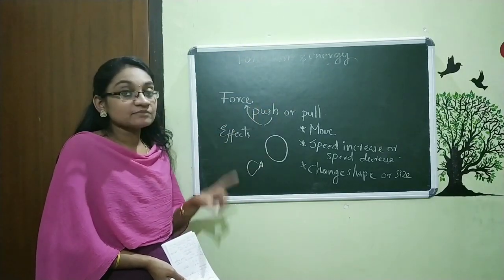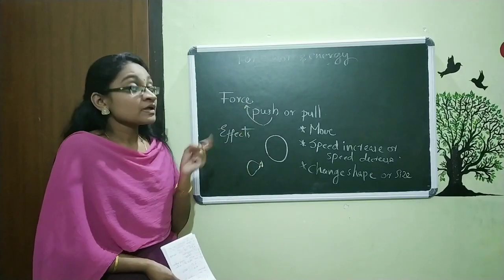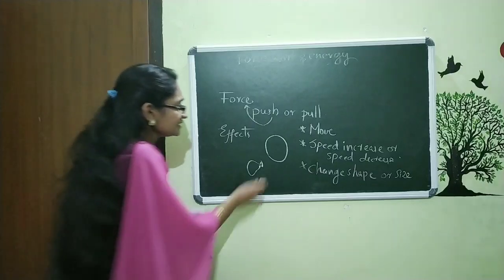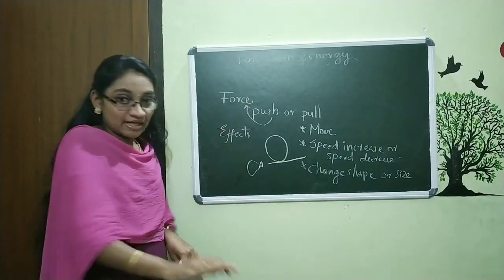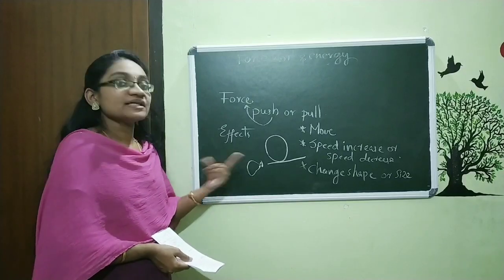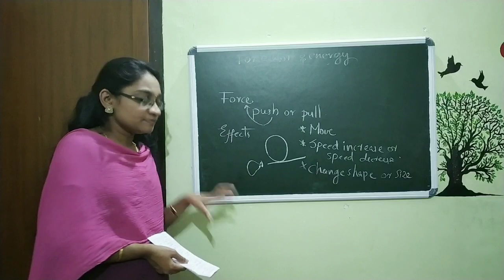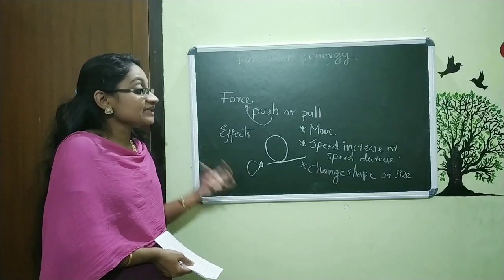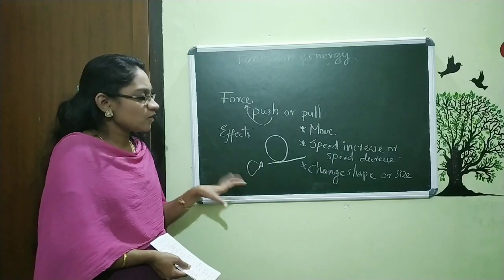At that time, another type of force acts on this ball. And when the ball is rolling along the surface of the ground, there is another type of force acting on this ball from the ground. That means in each and every case, different types of force act on particular objects.